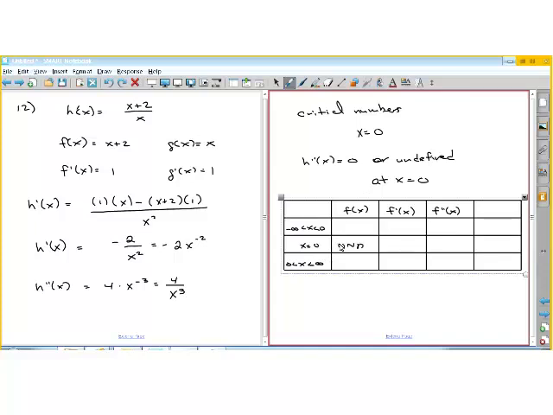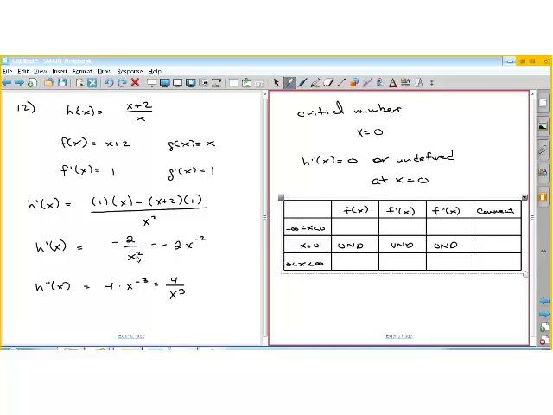So at x equals 0, the function is undefined, the first derivative is undefined, and the second derivative is undefined, and that's because it's a vertical asymptote. We only write the function value in for the critical numbers, the points of inflection and things like that. Here we just put in the sign of the first and second derivatives.